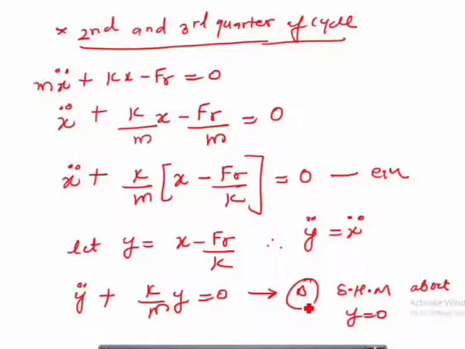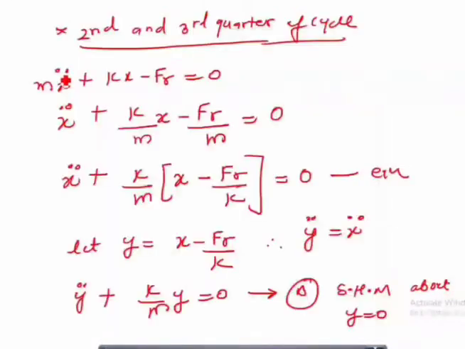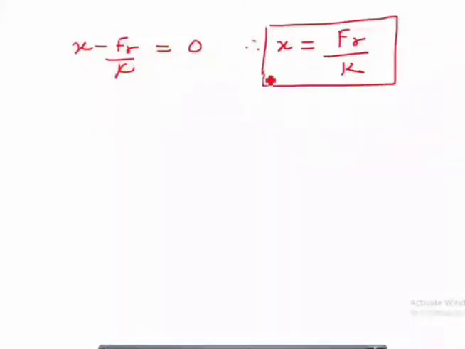So you can say that this term x minus Fr by k is equal to 0. Therefore for the second and third quarter cycle I am getting x is equal to Fr upon k. So for first and fourth I got x is equal to minus Fr by k, and for second and third I got x is equal to Fr by k.